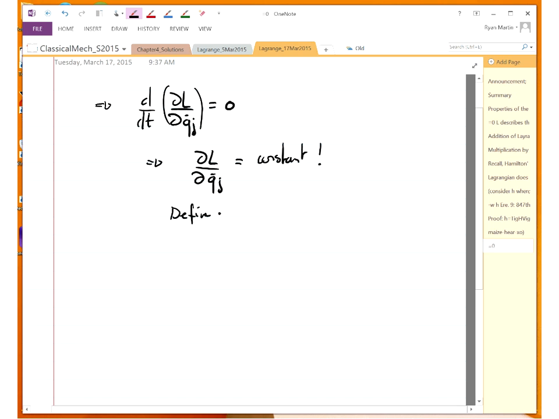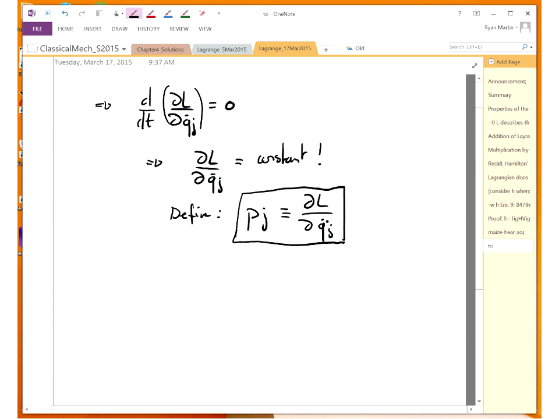So we just define this as Pj. We define that to be ∂L/∂Qj dot, regardless of whether or not it's a constant. And it'll be clear later why we call this Pj.